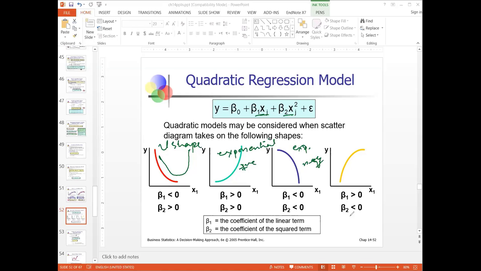And if the first is positive and the second is negative, this shape is called inverted U shape. So in the literature, we can find four types of nonlinear relationships. We have to look at the values of B1 and B2 to identify whether it is linear or not, and since there are four types, I have given them names.